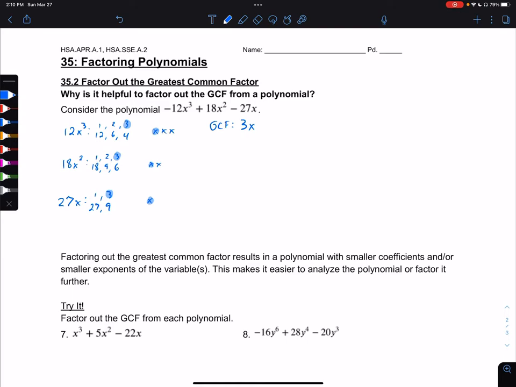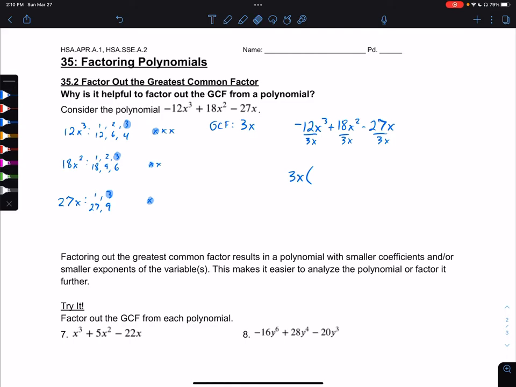Now, that's not the final answer. We are going to factor this one. So we're going to look at negative 12x cubed plus 18x squared minus 27x. And what we're going to do is factor out a GCF by dividing each term by 3x. So think of this as undoing distribution. Right? So it would be 3x multiplied in.